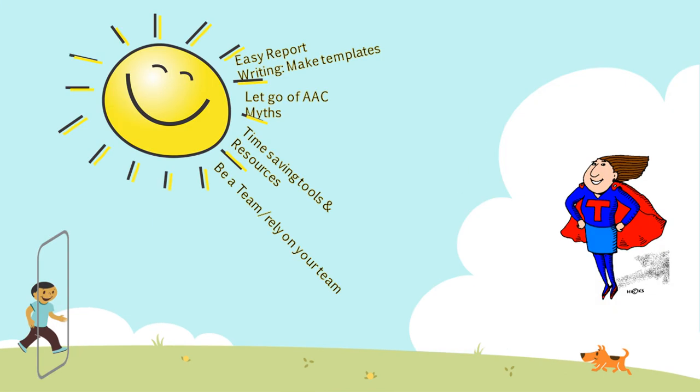So to conclude, the best thing to do when you're thinking about AAC evaluations with young folks is to let go of those AAC myths and create some time-saving tools for yourself, even if that means you have to make a template. For easy report writing, I think the easiest thing is to make a template.